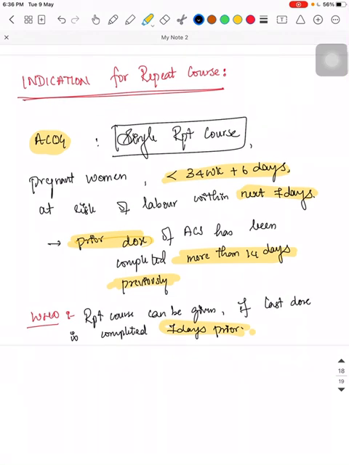Next, we'll see the other gestational weeks. What are the indications for the other gestational weeks? According to ACOG, clinicians can consider administering antenatal corticosteroids in women between 34 to 36 weeks of gestation.